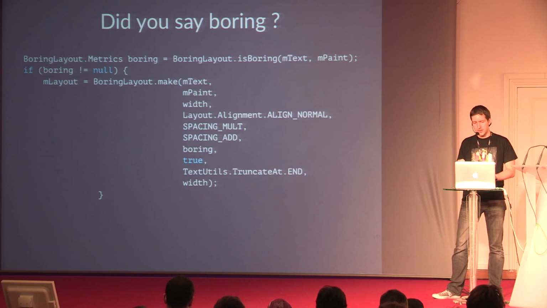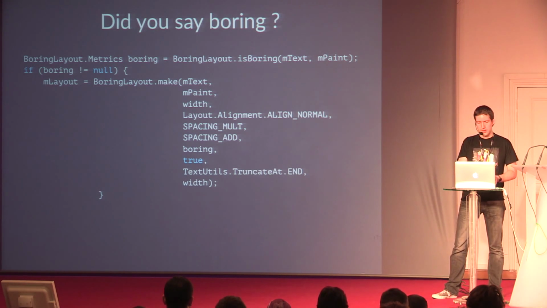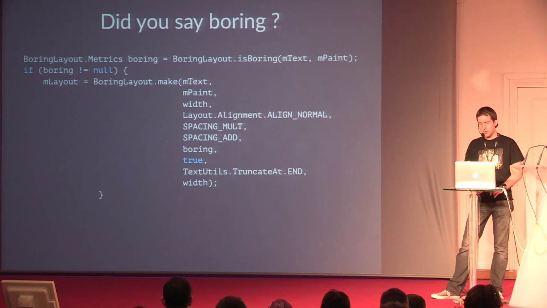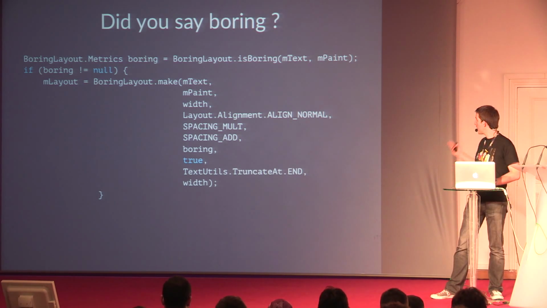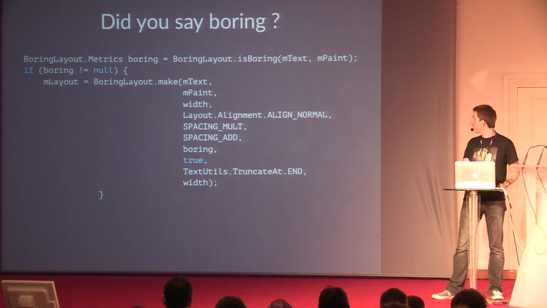If that is the case, BoringLayout.isBoring is going to return metrics to you. You can use this metrics object to call BoringLayout.make, with the boring metrics as an argument, of course, and make it compute the layout for you.